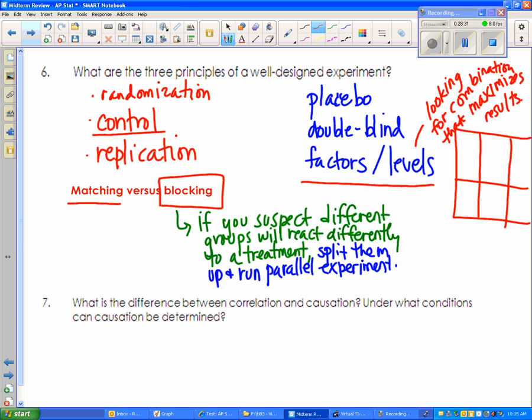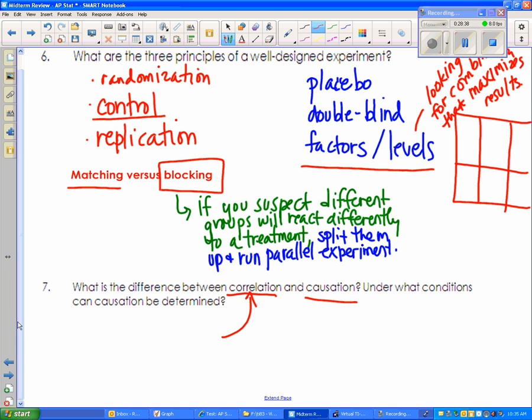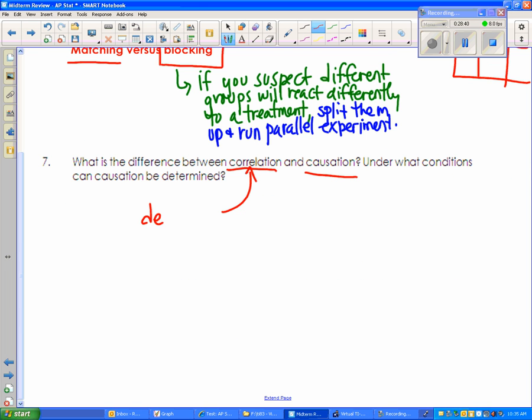In number 7, the difference between correlation and causation. Correlation is what you can determine from an observational study. It basically means that one variable seems to be related to another.